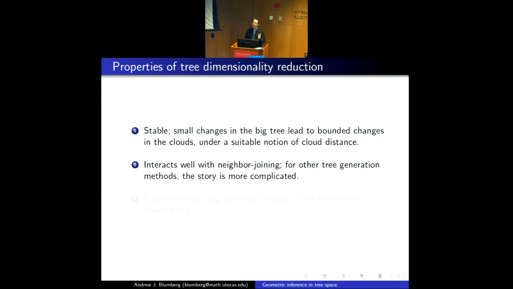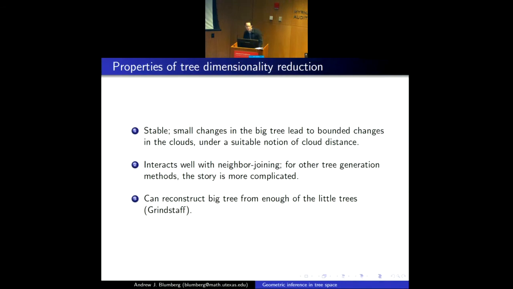The story for other sorts of tree production algorithms is more complicated, but reasonable. And one interesting thing is that you can show that if you have enough of these little trees in a generic situation, you can recover the big tree. So in some sense, you haven't lost anything, at least in principle.